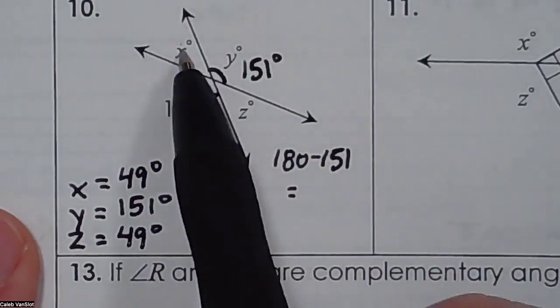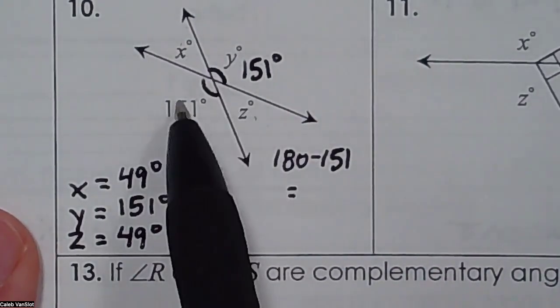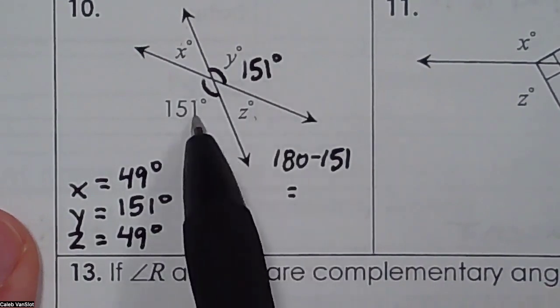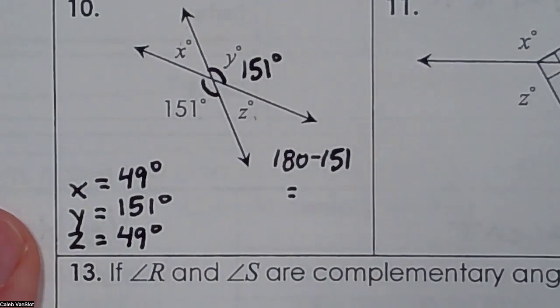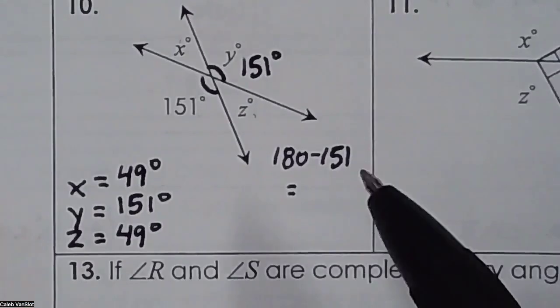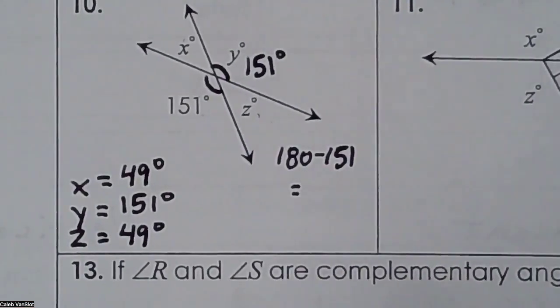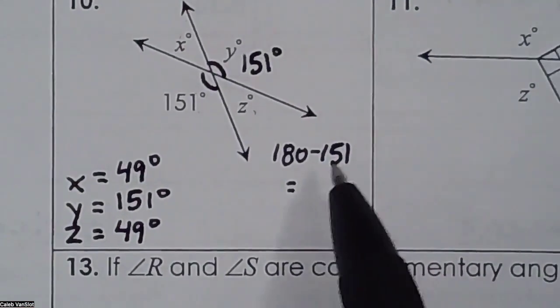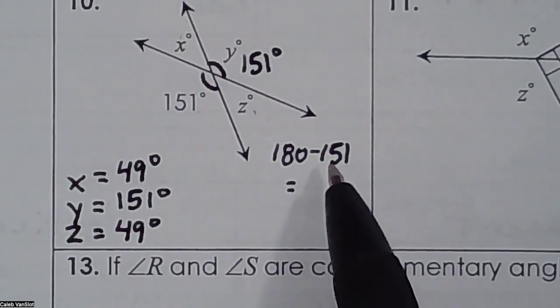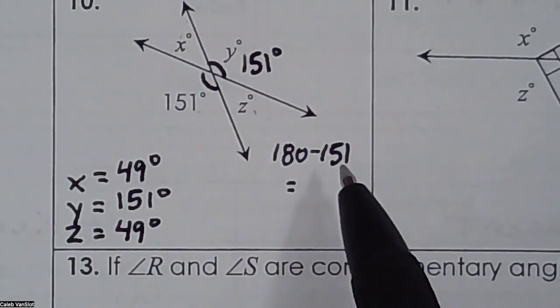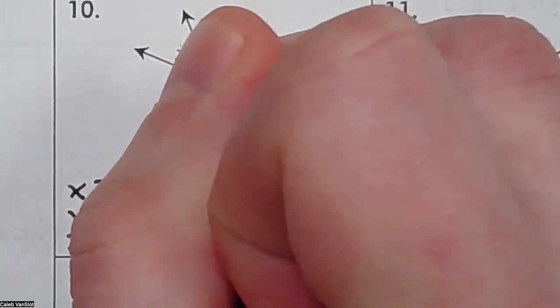X and Z are vertical, so they should be the same. And 151 should be the same. Is it not 49? Can you guys all do 180 minus 151? Is it 29, guys? Okay. All right, guys.